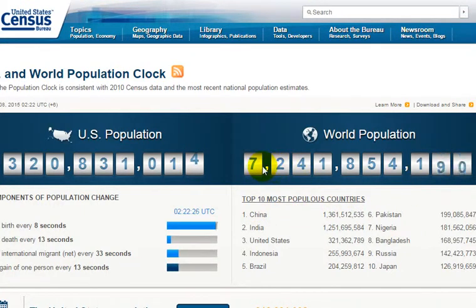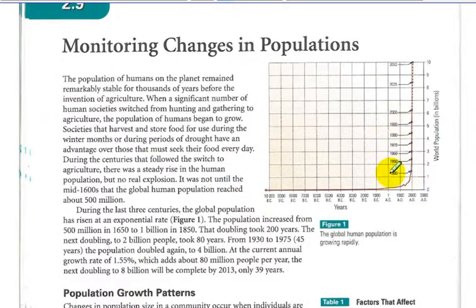World population, at the time of this video was made, 7.2 billion. And even if you take deaths and births into consideration, there are far more births than deaths, and you can see it's just motoring here. So world population, US population, you can see it's continually increasing, just like this graph is implying here.